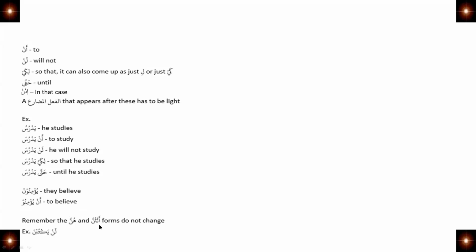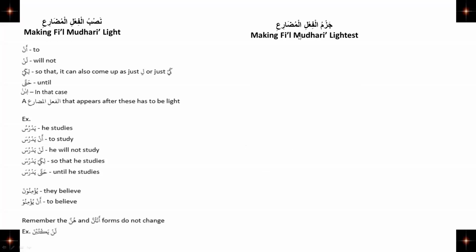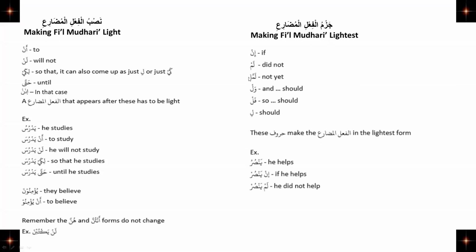Remember that the hunna and antunna forms do not change. You don't touch them. That's what we said, right? You don't touch those feminine plurals, correct? Okay. And then we'll look at the jazm, the lightest. These are the signs for the lightest: in, lam, lamma, wa lam, lan, idhan, kay, hatta.